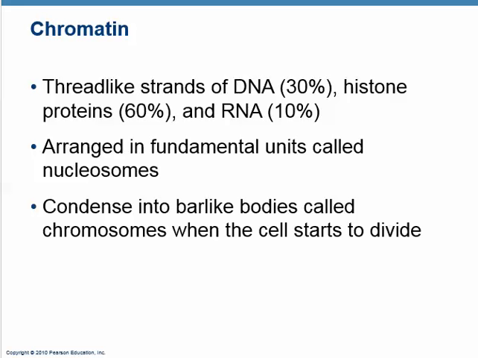Chromatin are really threads of DNA and the supporting proteins, a little bit of RNA. And chromatin is basically unraveled chromosomes. If you go buy thread at Beauclair or someplace, you're going to buy it on a spool.